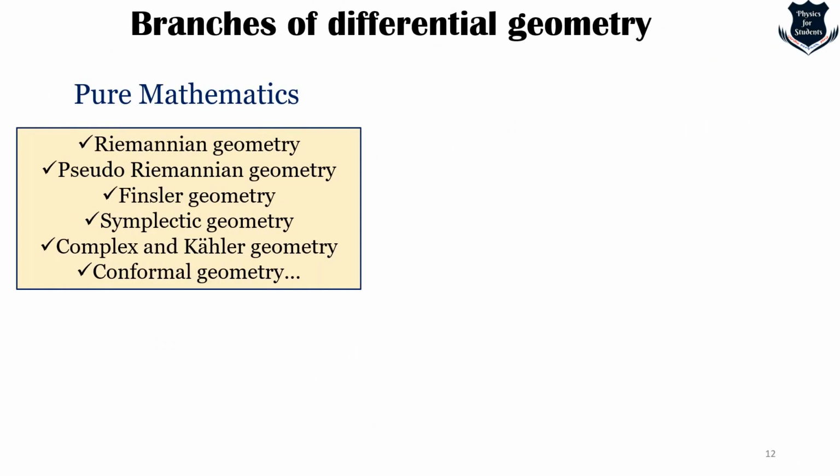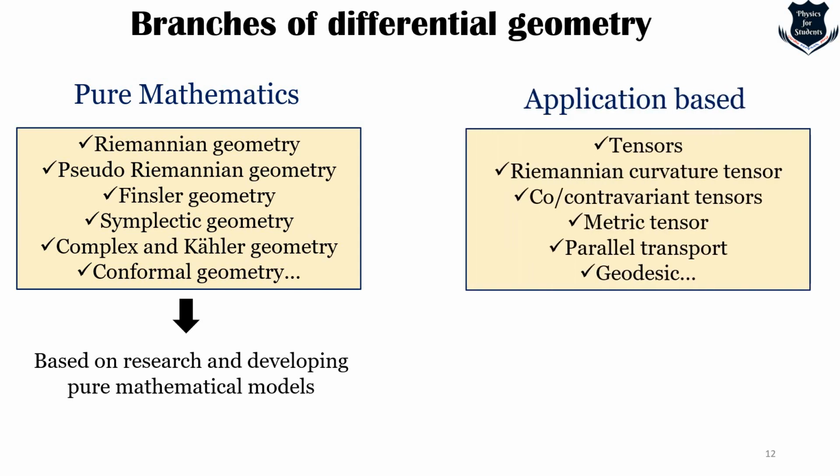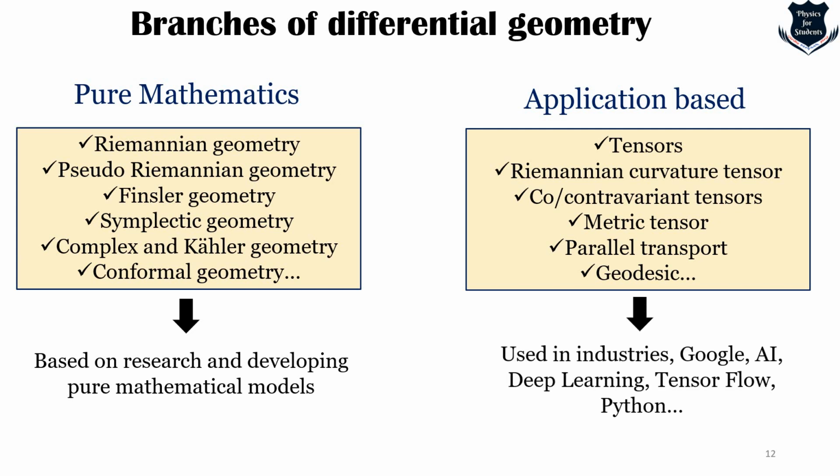So when we talk of pure mathematics, Riemannian geometry, pseudo-Riemannian, etc., it leads to research and developing pure mathematical models, whereas the application-based parts, which are tensors, metric tensor, parallel transport, geodesic, are used mostly in industries like Google, artificial intelligence, deep learning, TensorFlow, Python, and so on.